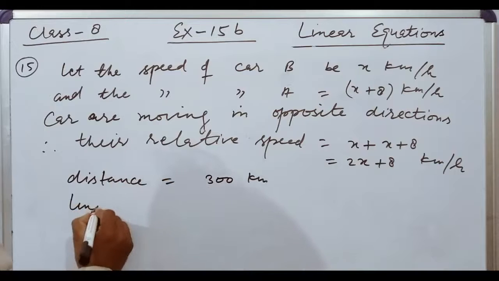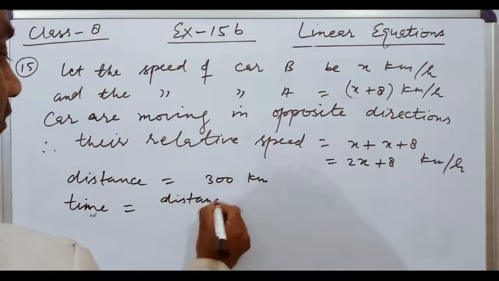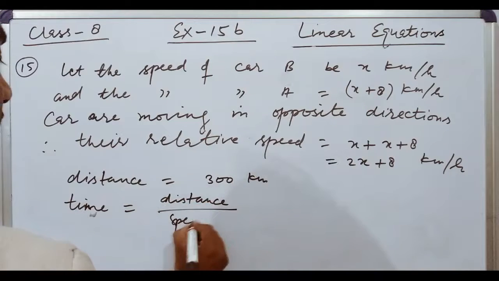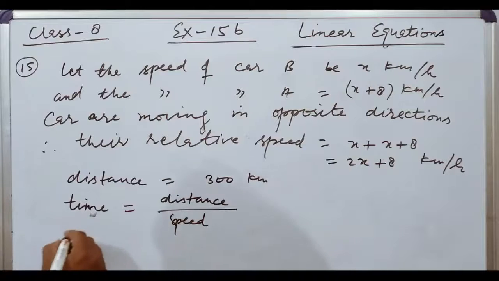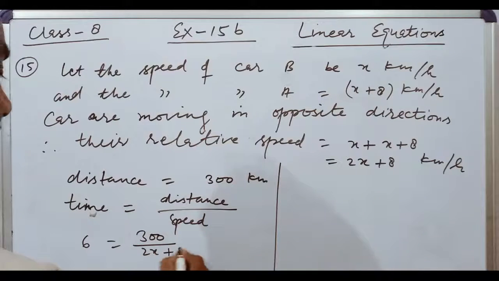Then dear student, apply the formula. Time equal to distance upon speed. Time equal to 6 and distance 300 and speed 2x plus 8.